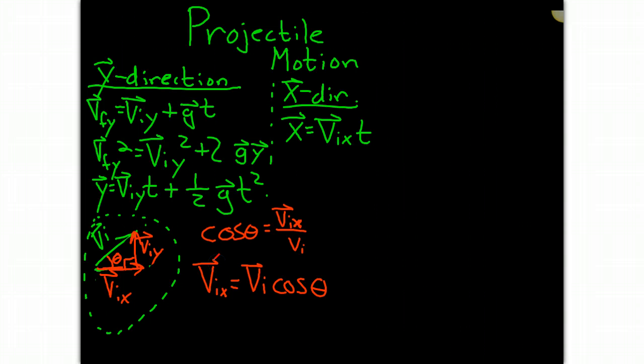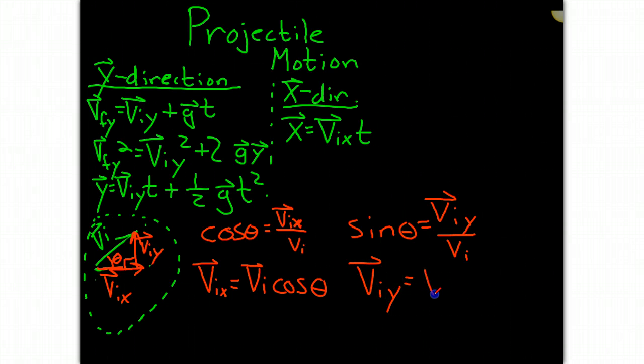And if you look at the example problems, we'll actually solve for Vix and Viy every single one we do. Let's look at Viy. Viy is opposite the angle, so we're going to use sine. So sine of theta is equal to Viy divided by Vi. And if I solve for that, Viy is equal to Vi sine of theta.